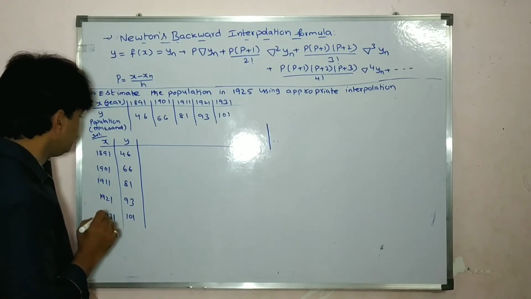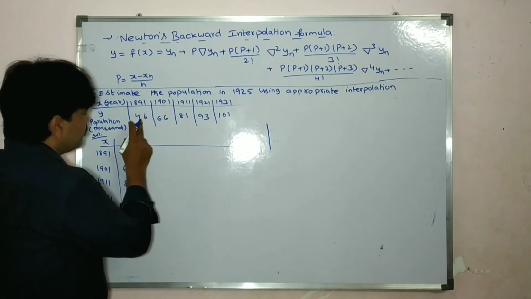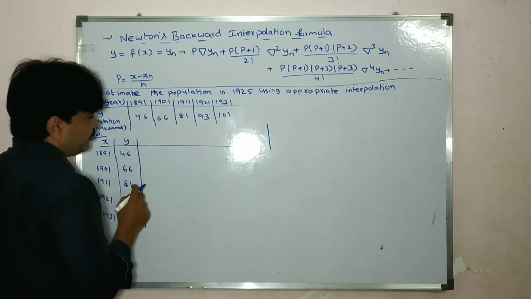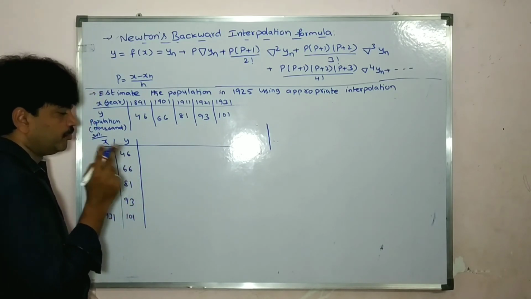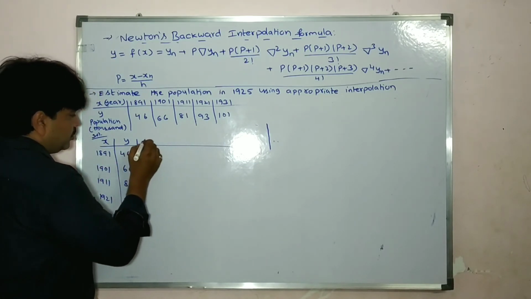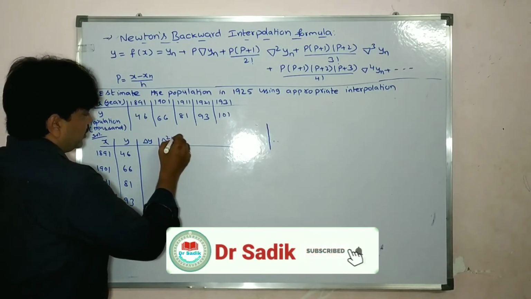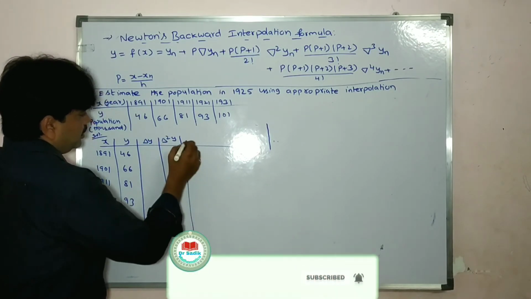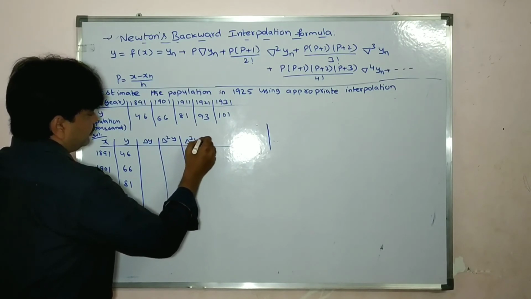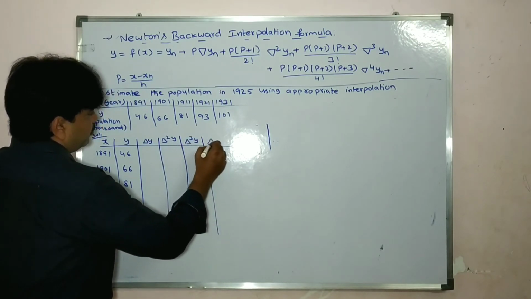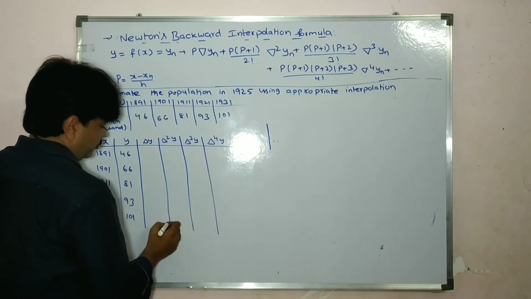How many values are there? 1, 2, 3, 4, 5. Five values means up to del power 4 y. So del y, del square y, del cube y, del power 4 y.